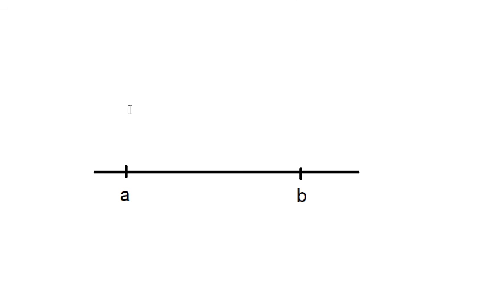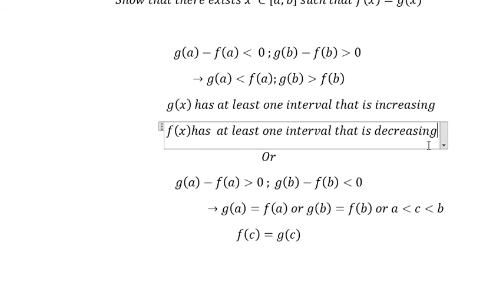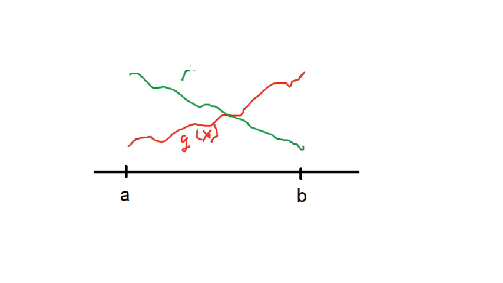I will use the red color to draw the function g of s, and the green one represents f of s, because we just mentioned one is increasing, one is decreasing.